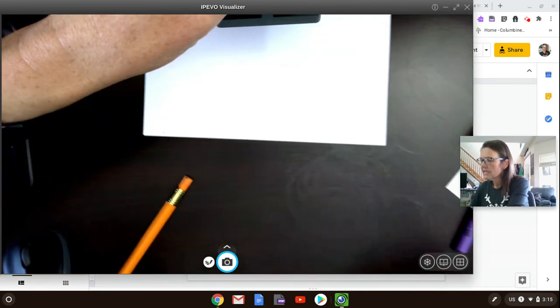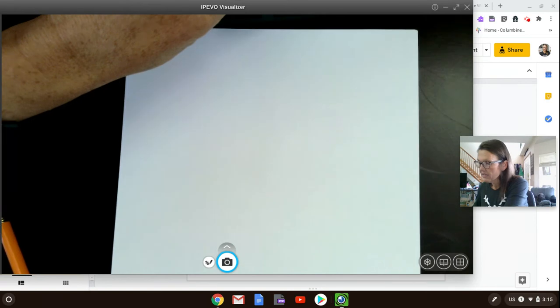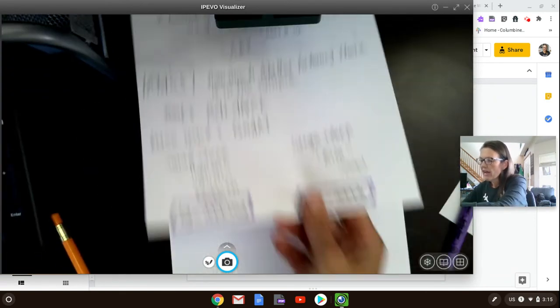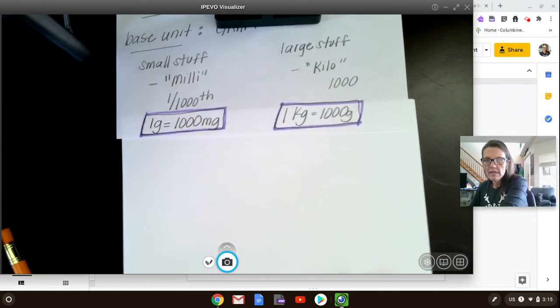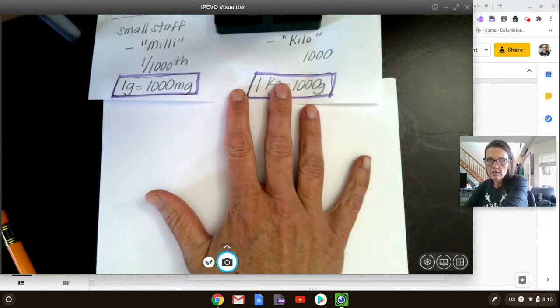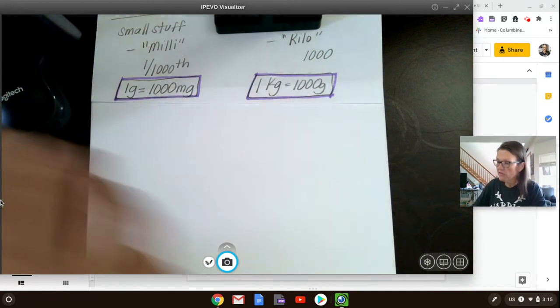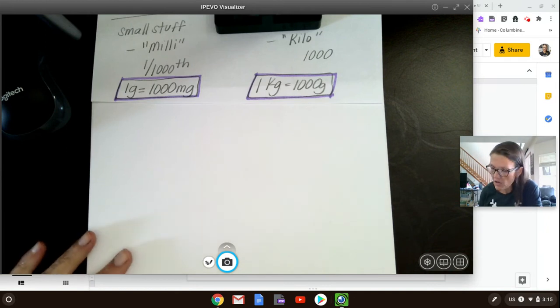And in order to discuss that, we need to remember something about conversion facts, okay? So 1 gram is equal to 1,000 milligrams is our conversion fact. We can write conversion facts as fractions so that we can use them mathematically to solve a problem.